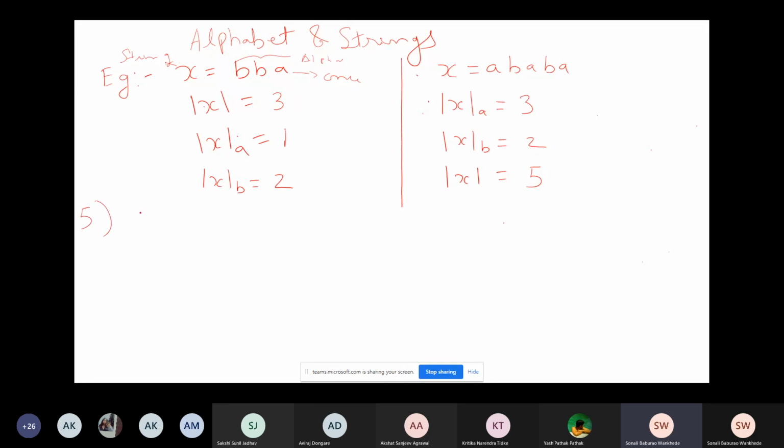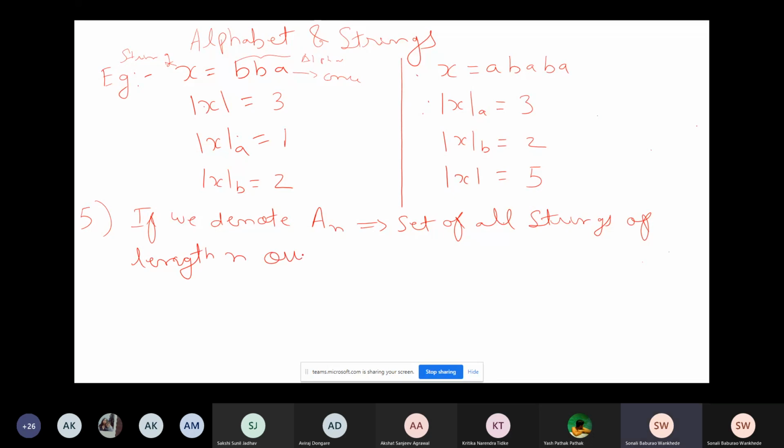It says that if we denote An to be the set of all strings of length n over sigma, then one can easily ascertain that sigma star is equal to the union of n greater than or equal to 0 of An.